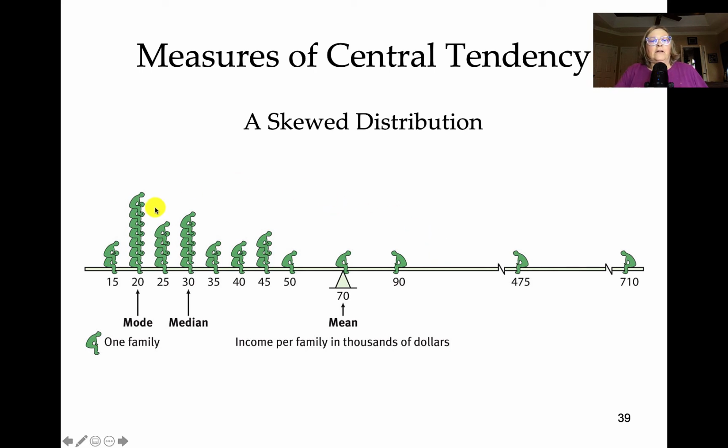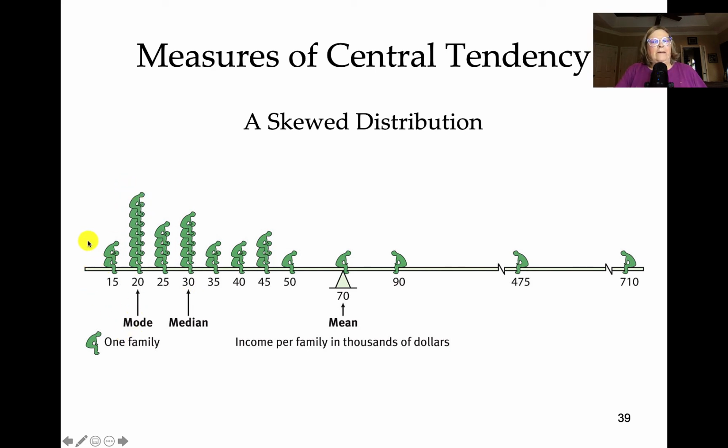So you can see here the income per family in thousands of dollars. Well, it sounds not too bad because the average family makes $70,000 a year. However, when you look at the median, if you line up all the families in America, you find out the median family is actually around $30,000, and the mode, the one that occurs the most often, is $20,000 a year.